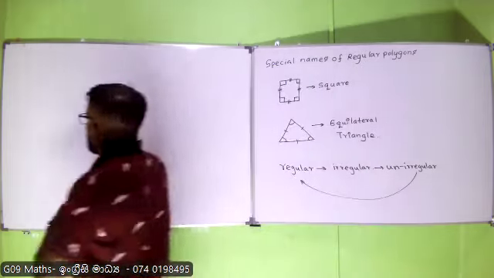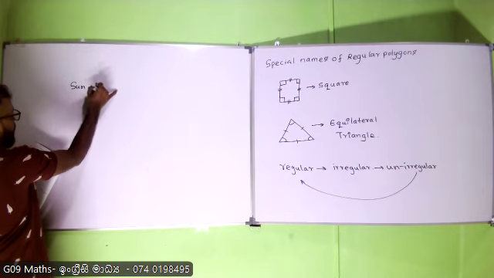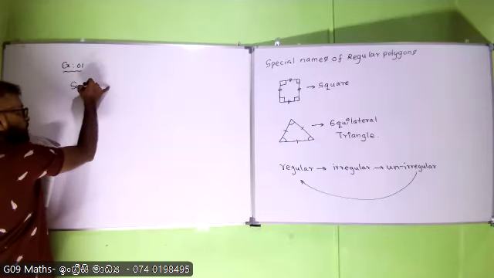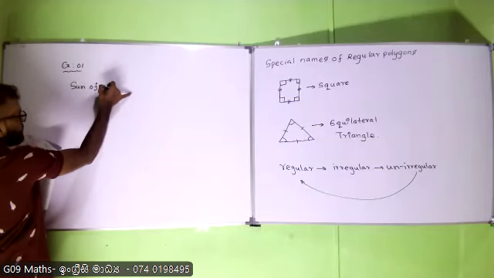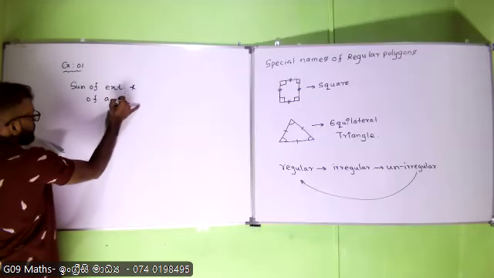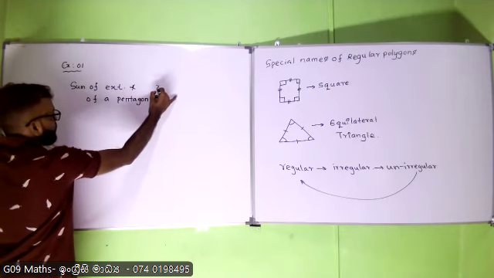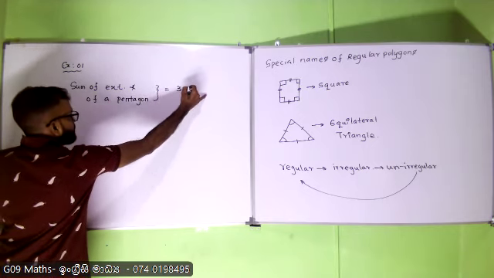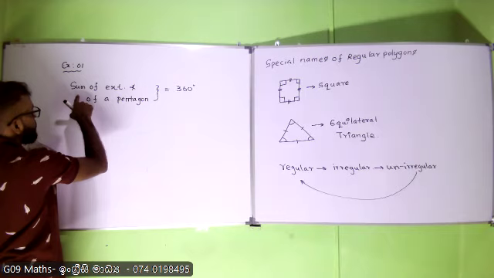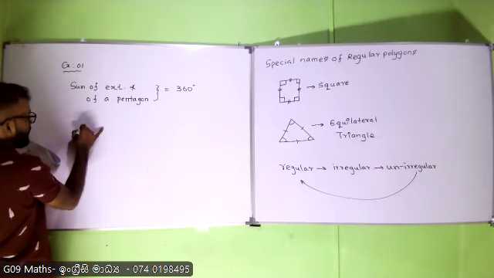This is the way that you are going to give your answer step by step. Sum of exterior angles of a pentagon equals 360 degrees. There are 5 exterior angles.